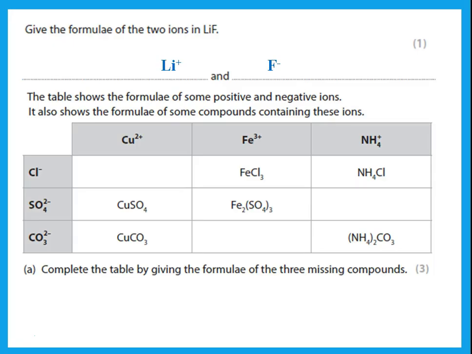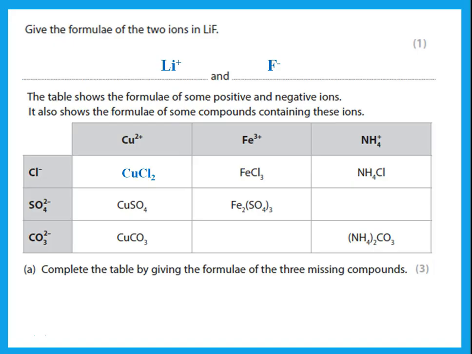So when I say Cu2 plus, I'm talking about Cu that has a valency of 2. And Cl minus, 1 minus, that means it has a valency of 1. So I need to write the formula by writing the symbols of each one, and always the metal comes first. So it has to be Cu, Cl, not the other way around. And then the valency of one under the other.